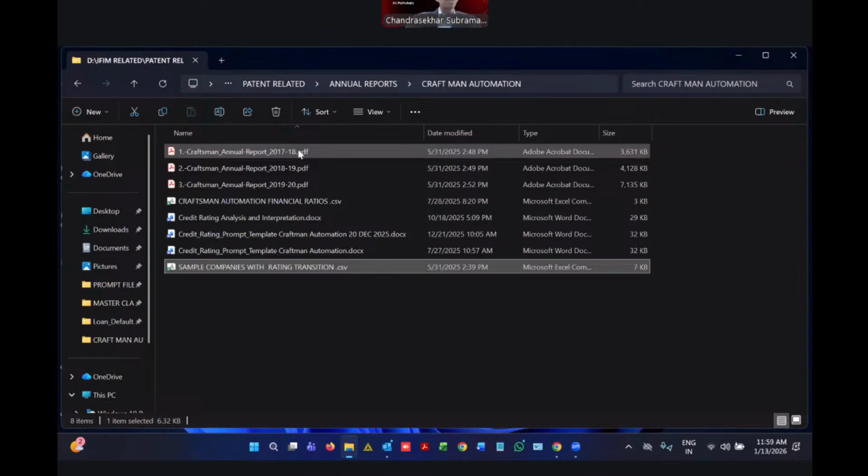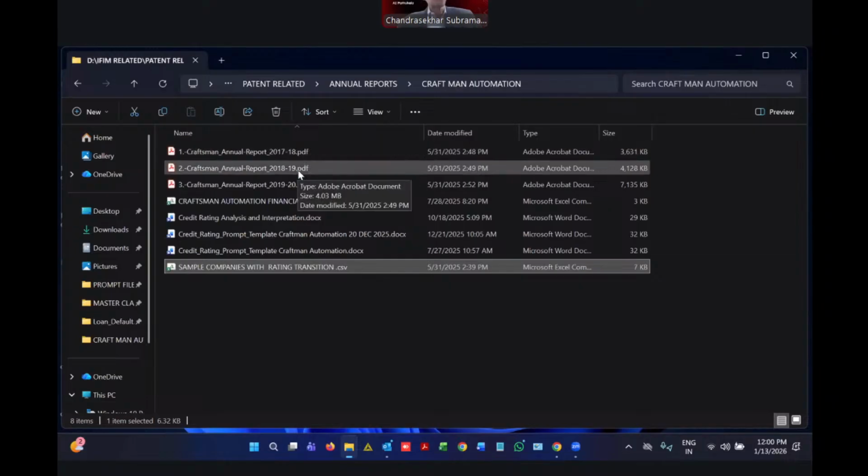This is the structure of the annual report after some 2017 or 16. If you go before that, the structure was not there. It was all messed up, and different companies were giving different titles. So we found it a little difficult and thought that the last 3 years of your annual report should give a clue to what they are talking about. That is why we have taken only 3.